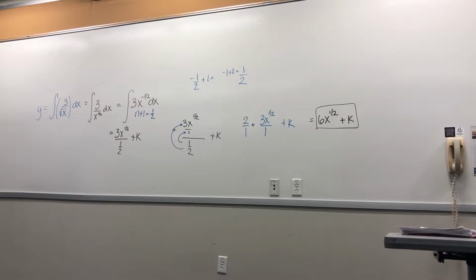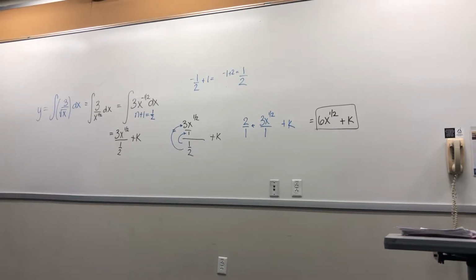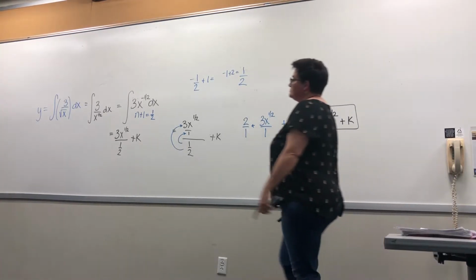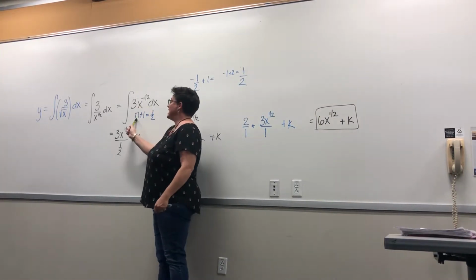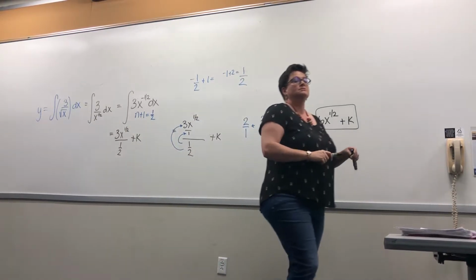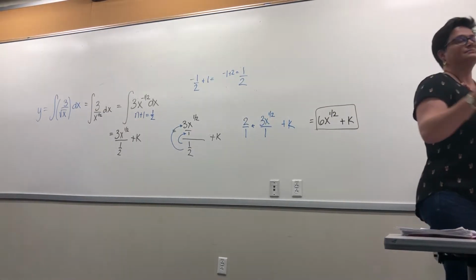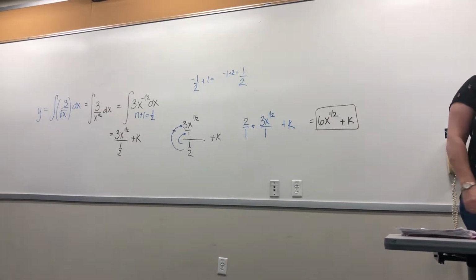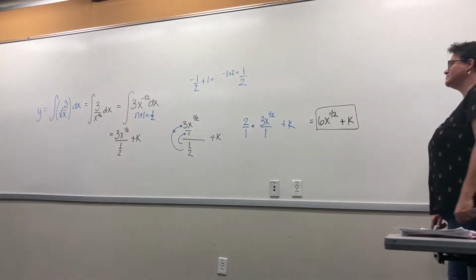Autumn, talk to me. So how did the negative 1/2 turn into a positive 1/2? I added 1 to it. My negative 1/2 was my n. If I add 1 to it, it becomes positive 1/2. In this case, you would want our answer to be the final answer over there, not this unsimplified one over here.